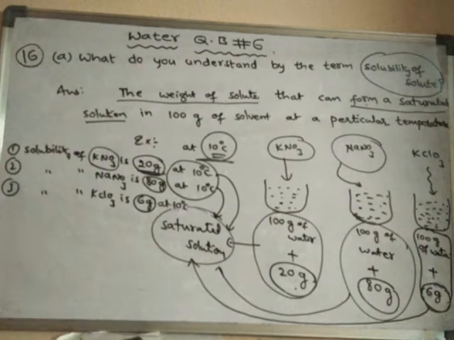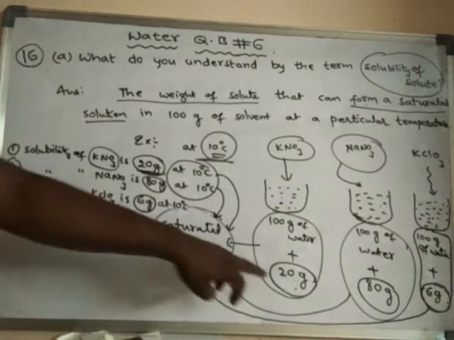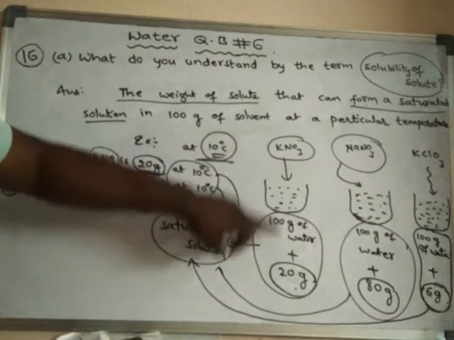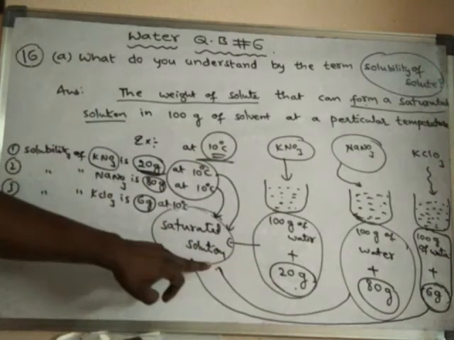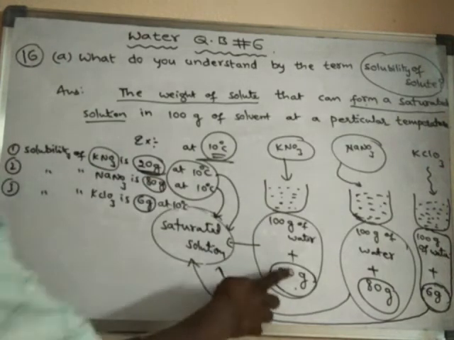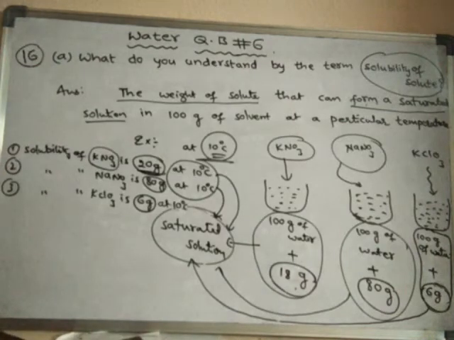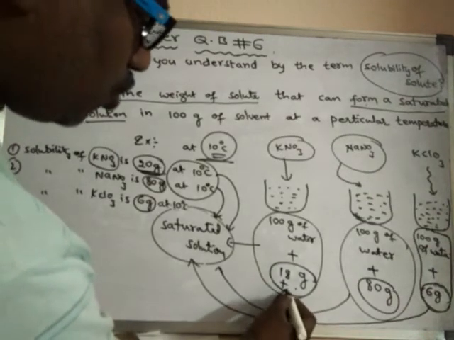Did you understand what solubility of a solute is? If you add 20 grams only, it will form a saturated solution. If I add 18 grams, it won't form a saturated solution. It remains an unsaturated solution only. In that case I have to add 2 more grams.